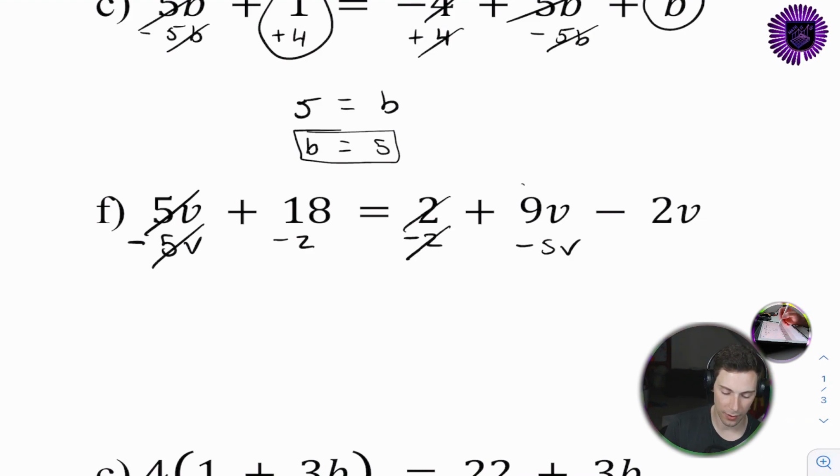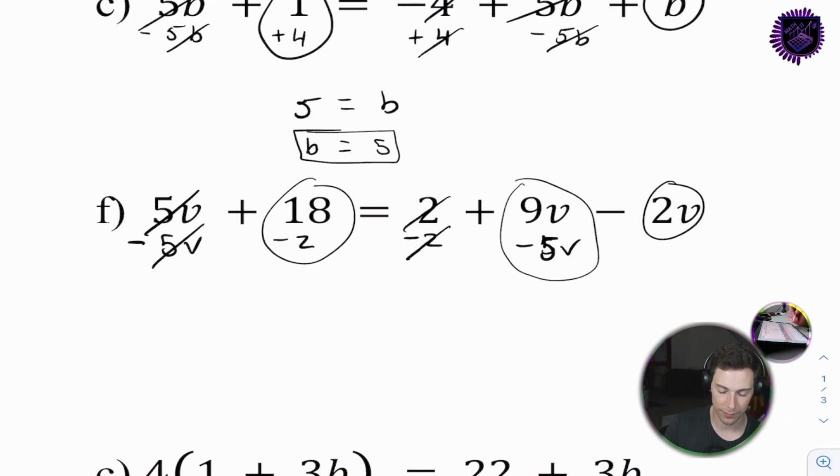We're left with this, which is 5v, this, and this. So we have 16 is equal to 4v minus 2v, right? So it's there and there.